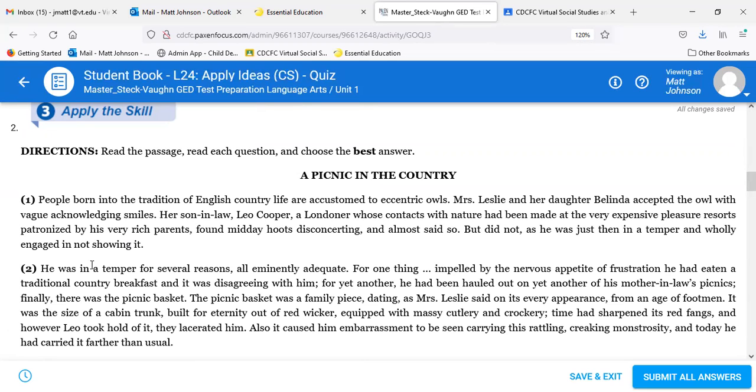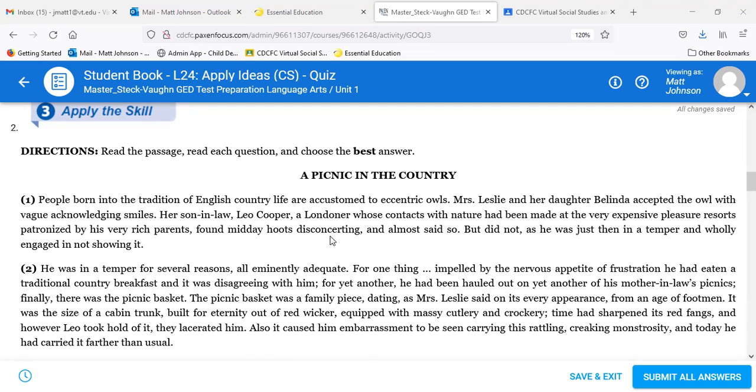A picnic in the country. People born into the tradition of English country life are accustomed to eccentric hours. Mrs. Leslie and her daughter Belinda accepted the hour with vague, acknowledging smiles.